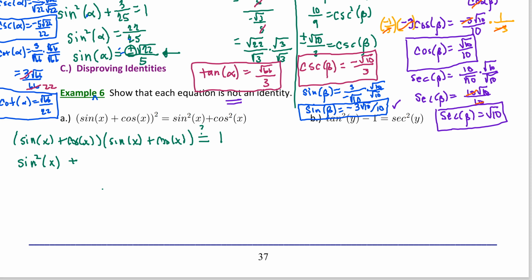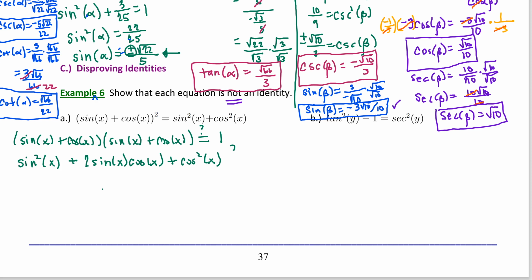So essentially, when we think about the fact that multiplication is commutative, the outside and the inside terms are the same. So we can go ahead and proactively combine them and write it as 2 sine of x cosine of x. The product of our last two terms here is cosine squared of x.